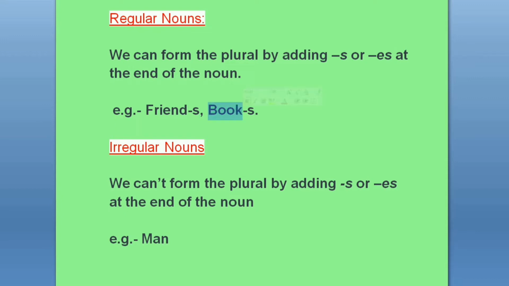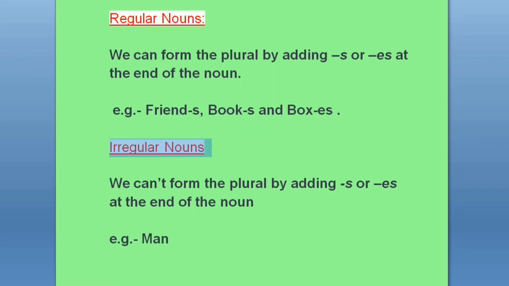Similarly, we can use book and add s at last and make it plural, books. Similarly, we can add es also at the end of some words. For example, box. We can add es at the end of this word and make it plural. So box becomes boxes. So it changes to plural.